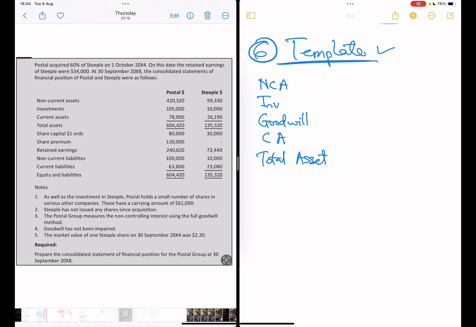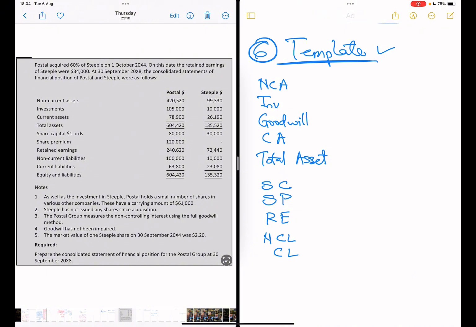Then I go to the capital and liability. The first one, the share capital. In exam, please write it in full. Don't put SC as share capital. Write it fully as share capital. Then you have the share premium. Then we have the group retained earnings. After that, we have the non-current liability, and we have the current liability. Then we can have NCI after.